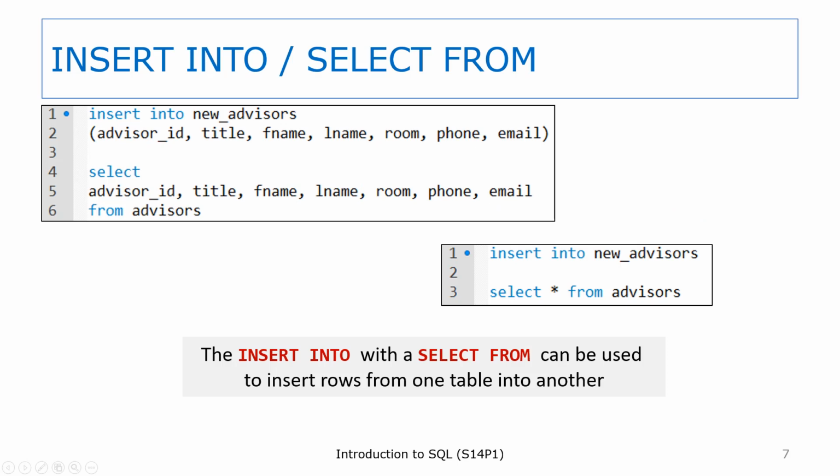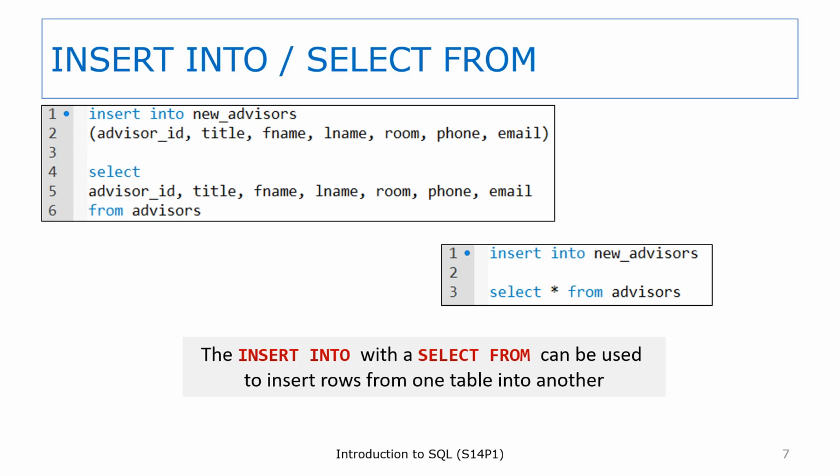There is another form of the insert statement that is used to copy rows from one table to another. The upper left corner shows one form of this insert. In the upper left example, a column list is specified. The column list is for the new advisors table. In place of the values keyword and a values list, you can use a select statement.